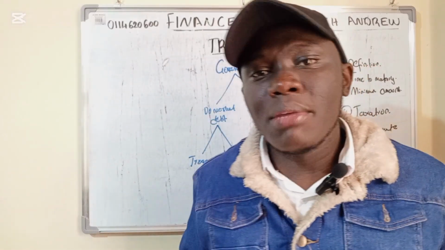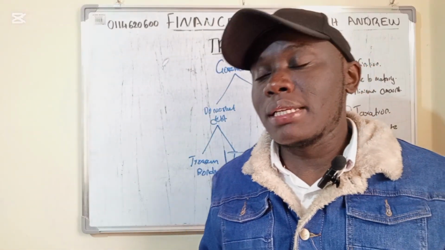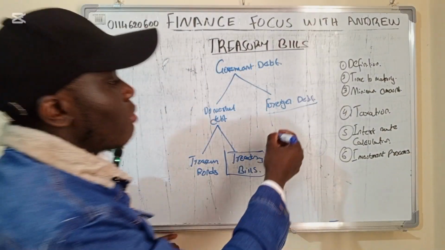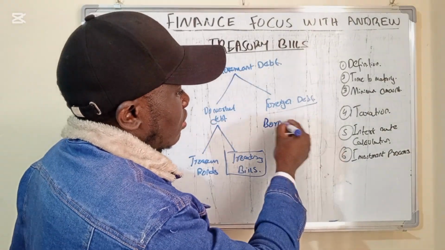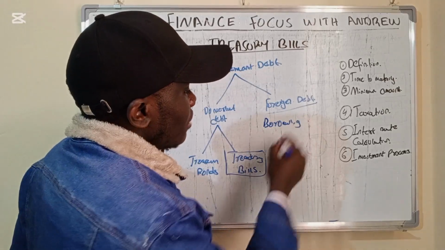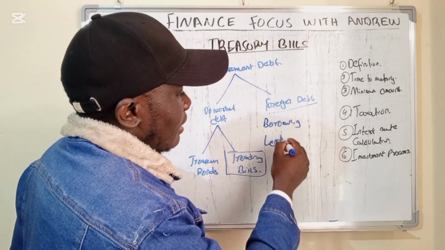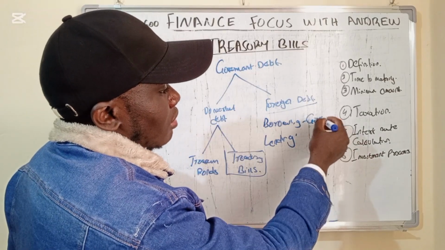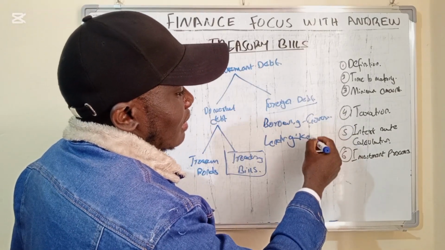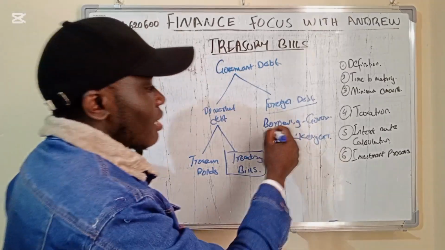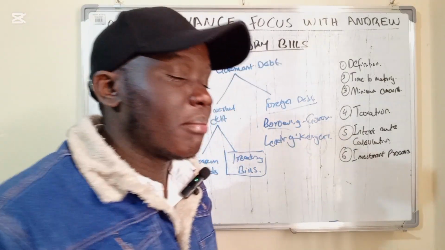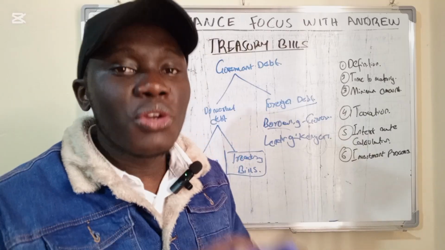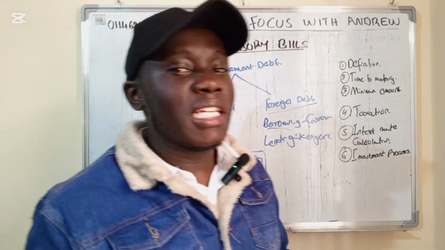Now, how do we benefit from treasury bills? In every loan, we say that we have two people. We have someone who is borrowing, and we have someone who is lending. The Kenyan government is borrowing, and Kenyans are lending. So the borrower, the government, will benefit from getting money to execute its projects, its roles, or whatever use they put that money into.